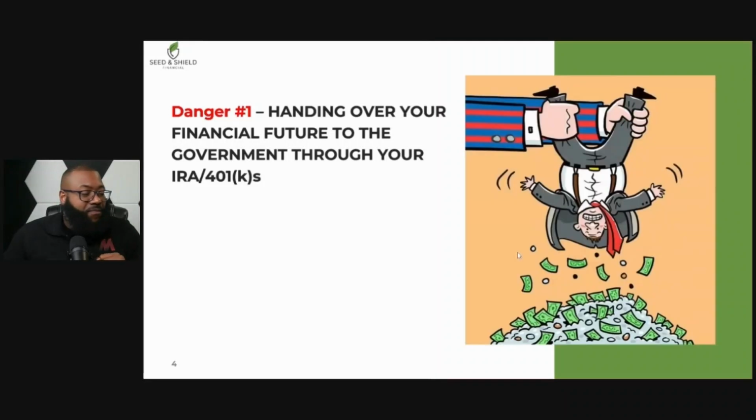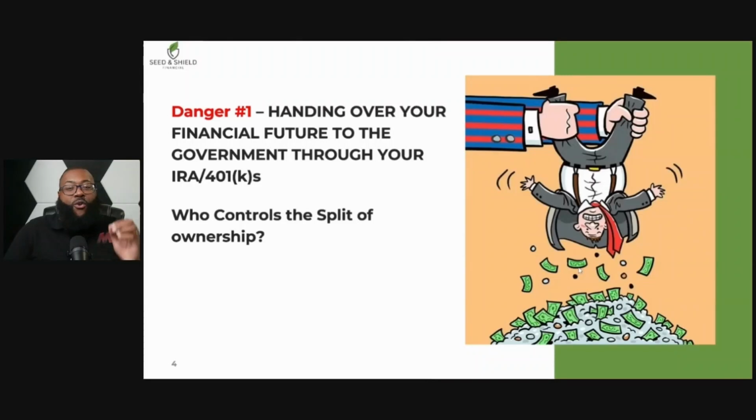This is a trap. So what happens is that you're actually using this tax deferred money, you're putting it into the stock market and things like that, and the government is waiting. They're waiting to get their paycheck, right? And you're subject to it. So who controls the split of the ownership? That's the key thing that people need to understand.